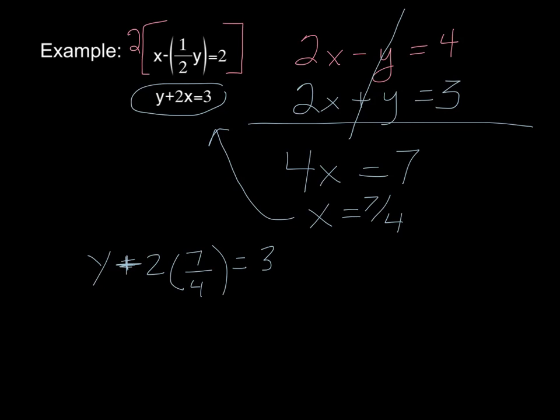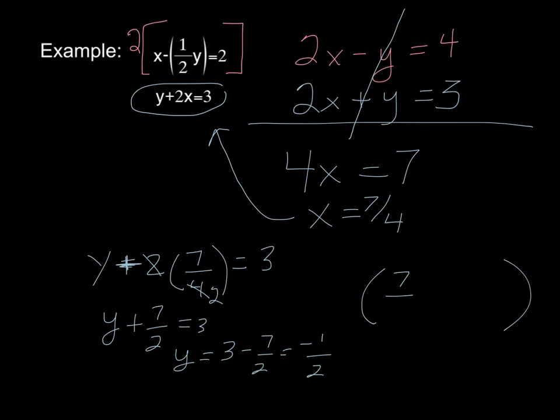So this is going to give me, if I cancel, 2 goes into 4 2 times, y plus 7/2 equals 3. And y equals 3 minus 7/2, which is minus 1/2. So my solution here is 7/4 for x and minus 1/2 for y.